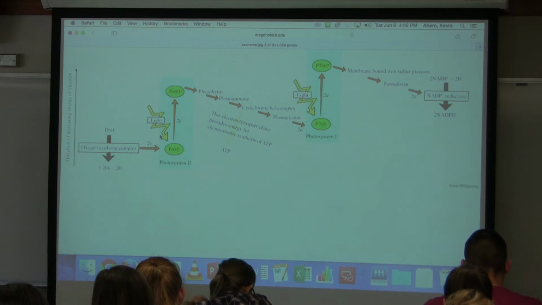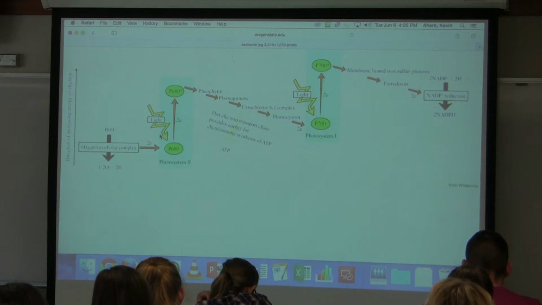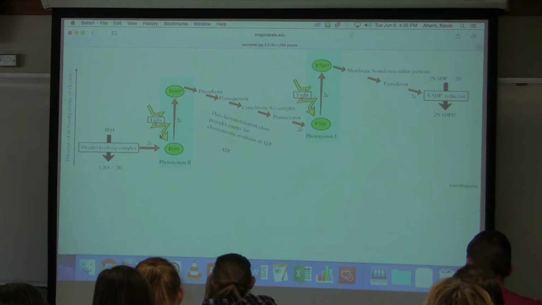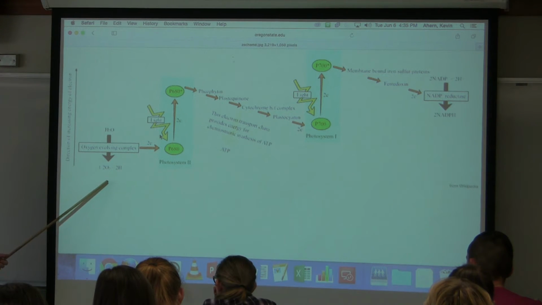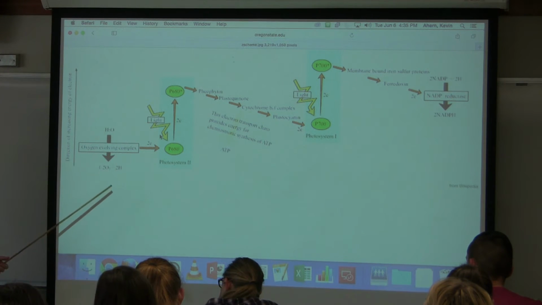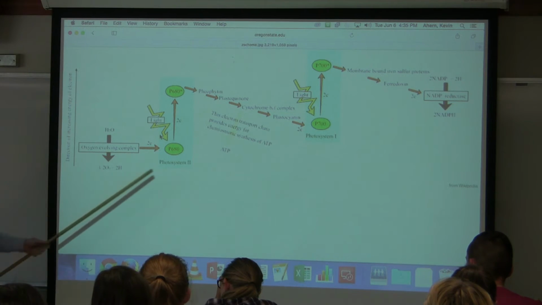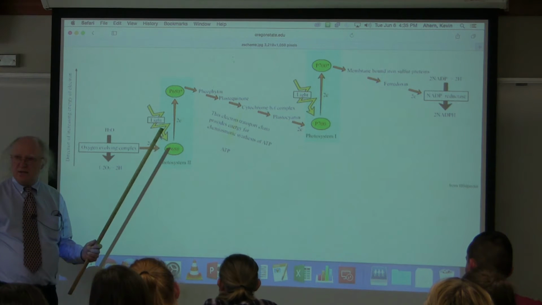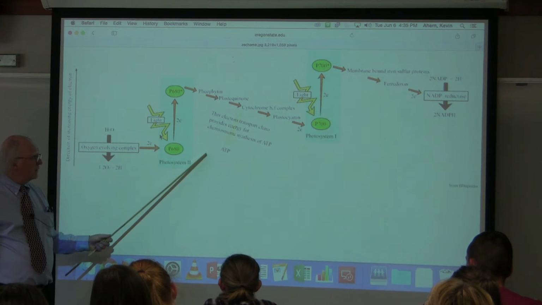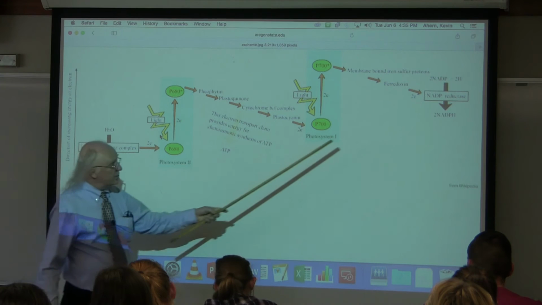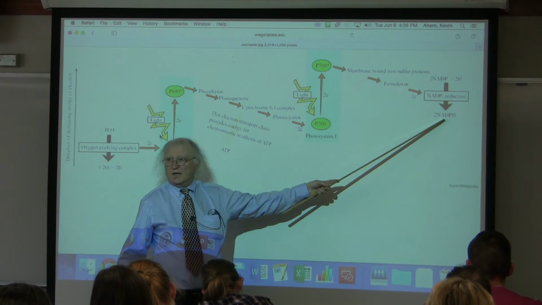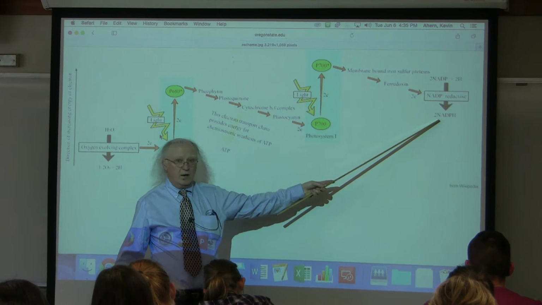Now, the products of this are two, or actually three if we want to think about it. Here's a product, oxygen. No energy component there, but it's pretty important for all the rest of us out here who breathe it. Here's a product, ATP, produced by photophosphorylation. Here's a product, a reduced electron carrier.